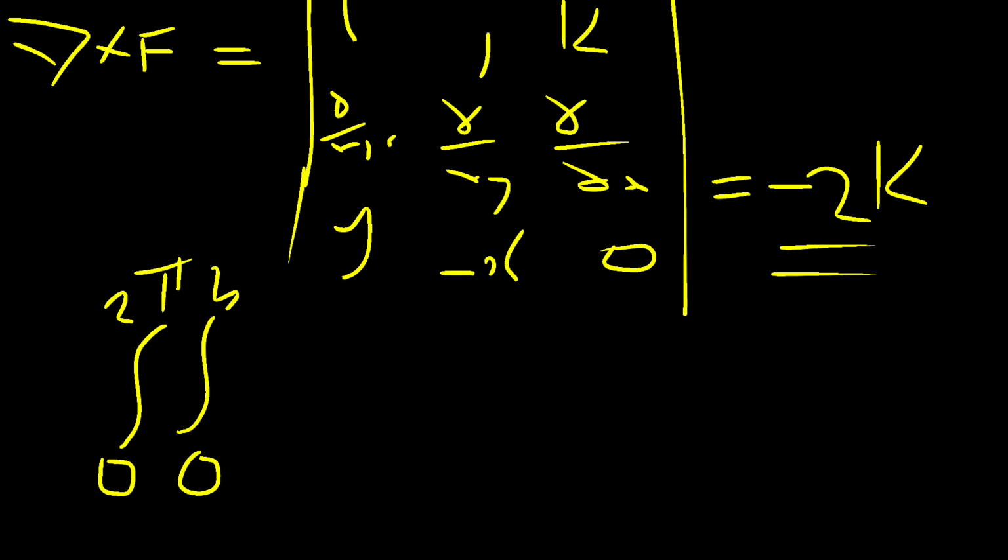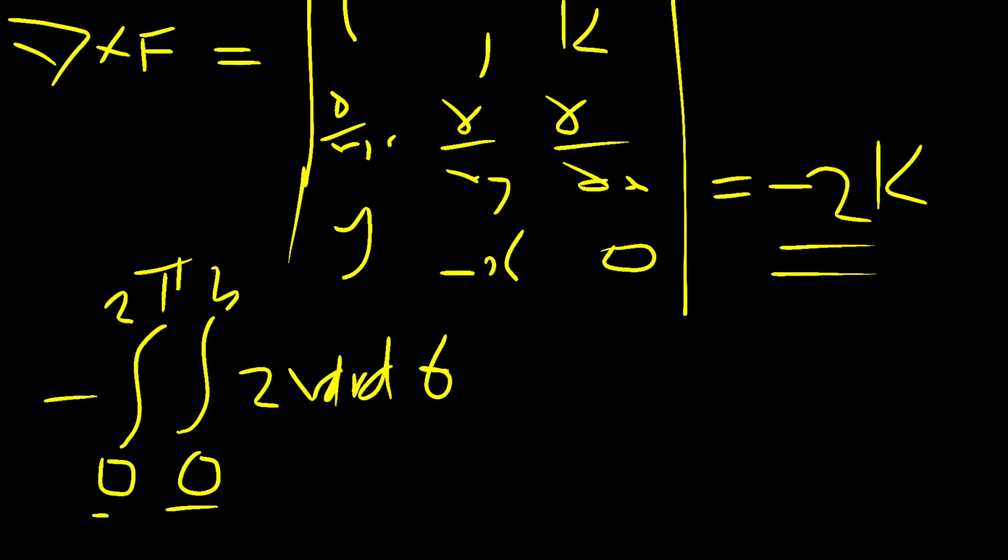We have minus 2 k dot dS, but dA is dr d theta, with r first in the arrangement.